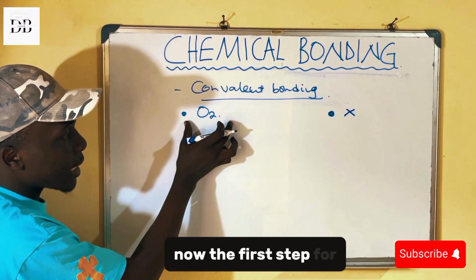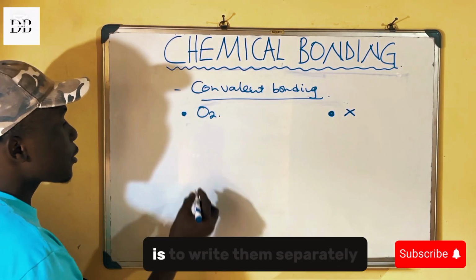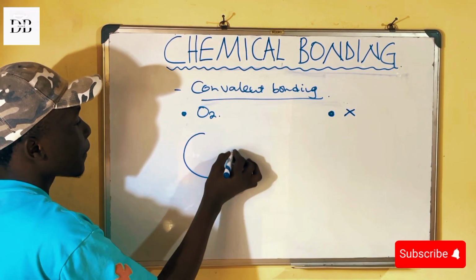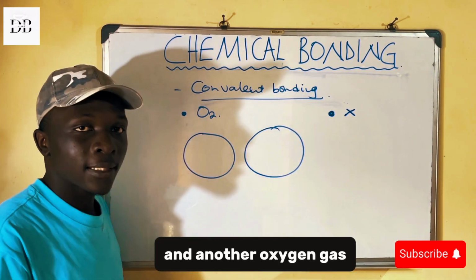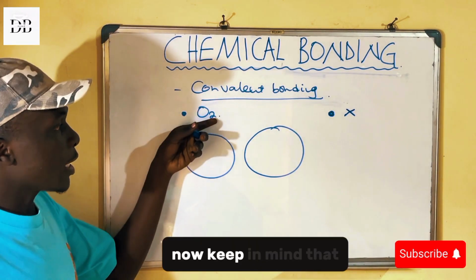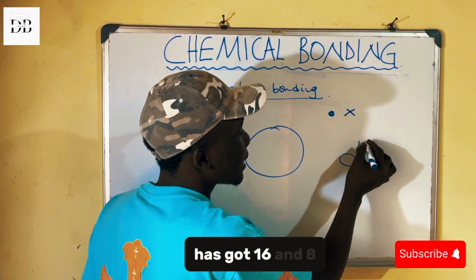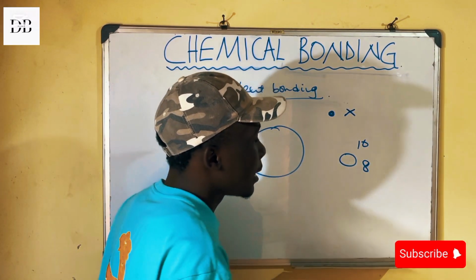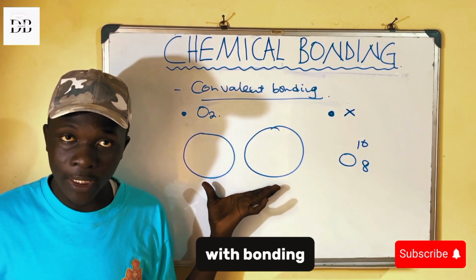Now the first step for me to write this oxygen gas in covalent bond is to write them separately. I'll write my oxygen and another oxygen. Now keep in mind that oxygen on the periodic table has got 16 and 8, and we use the atomic number when we are dealing with bonding.